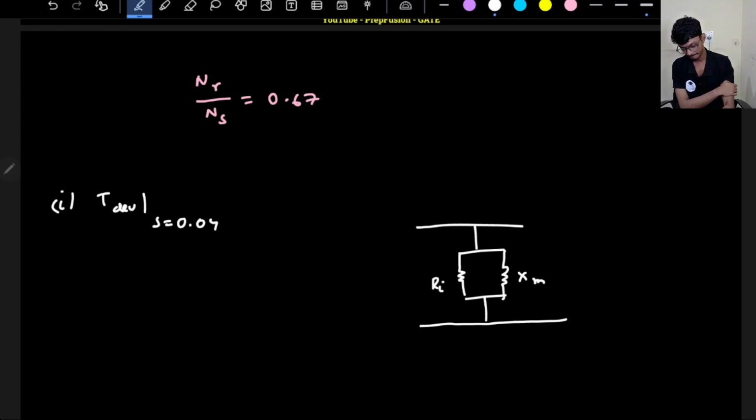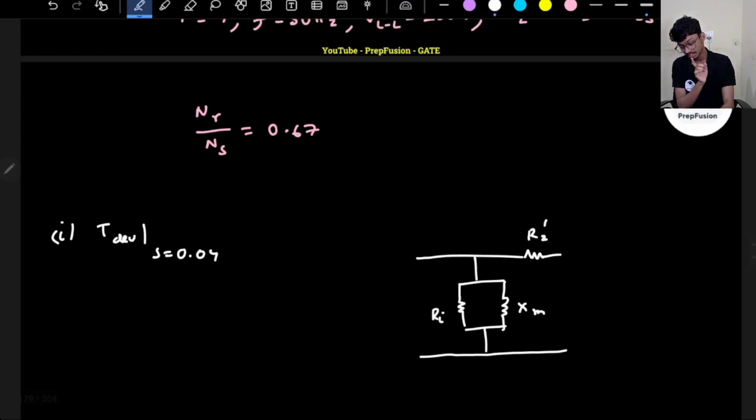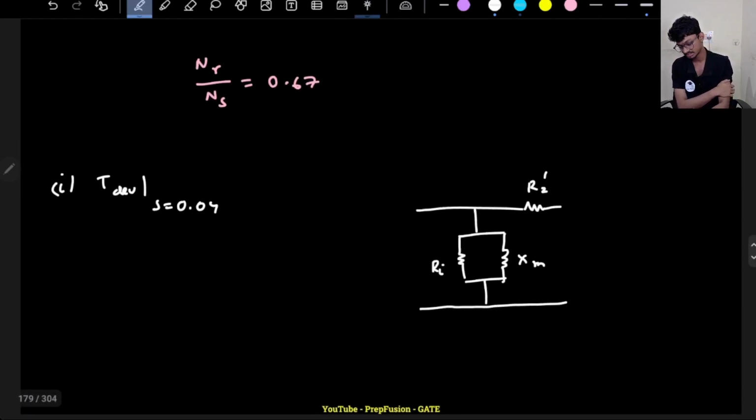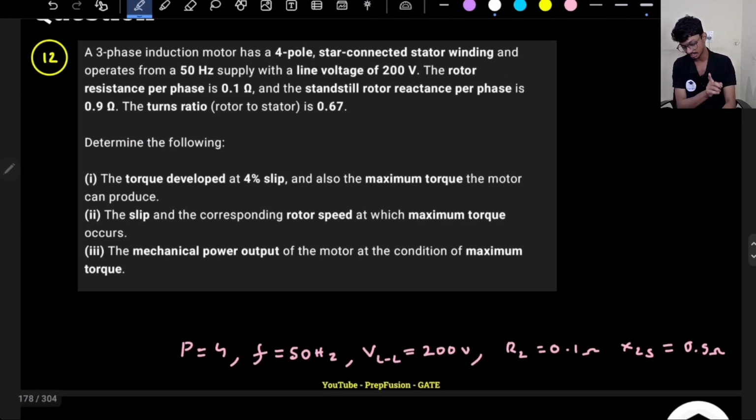So this will be R2 dash referred to the stator side. I am referring it to the stator side because this voltage is with respect to the stator. This voltage is not in the rotor side. So this voltage is stator and it is star connected. They have told us it is star connected.